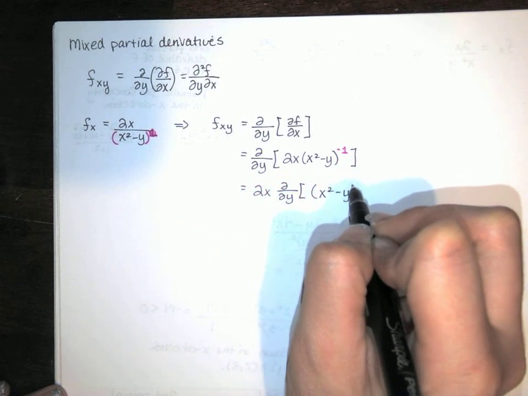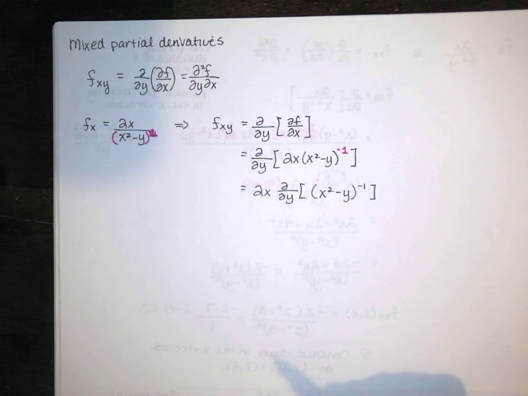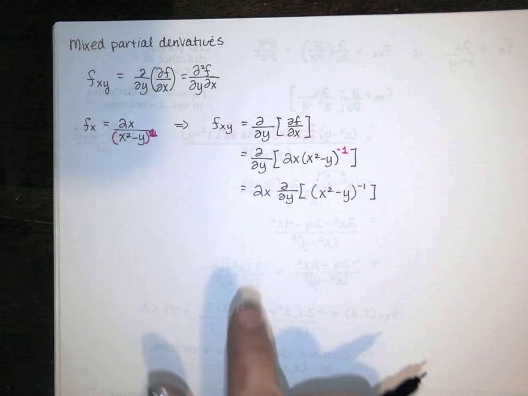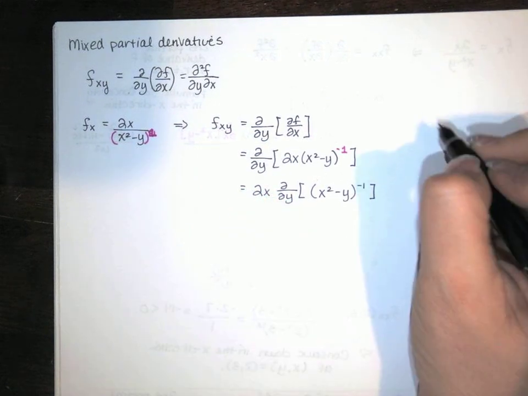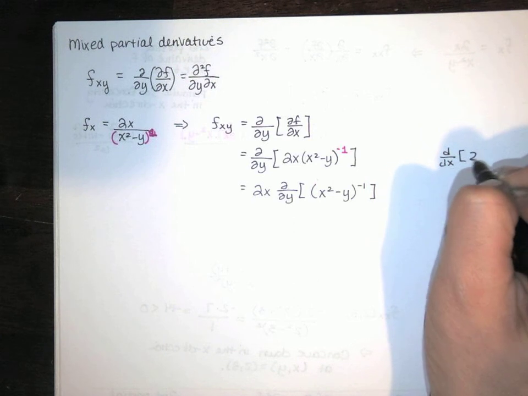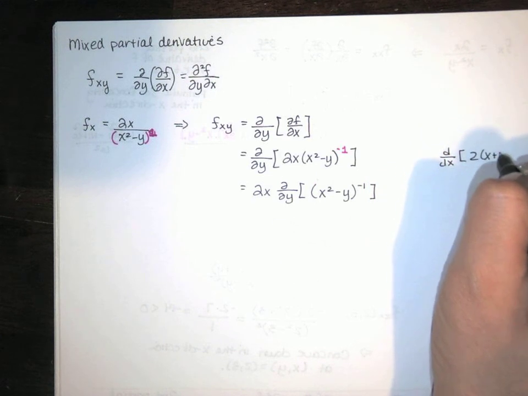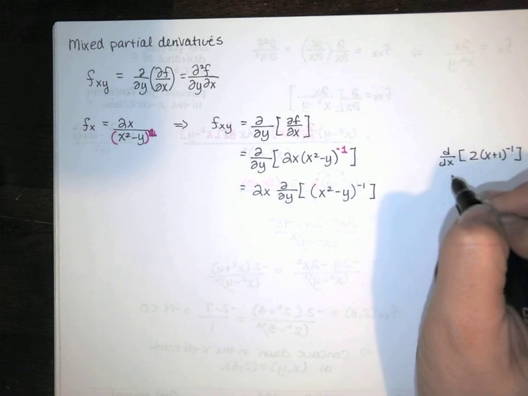And now you're taking the derivative of x squared minus y to the negative 1 with respect to y, treating x as a constant. Now, since x was a constant, I factored it out in much the same way that we would factor out a constant if I had 2 times x plus 1 to the negative 1. I'd factor out the 2 because the 2 is constant.